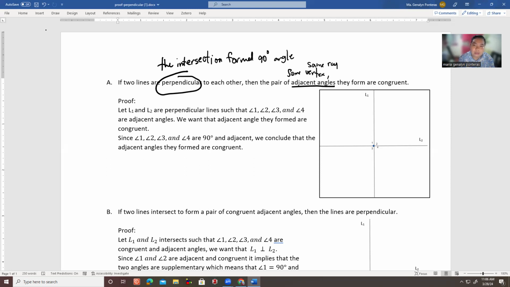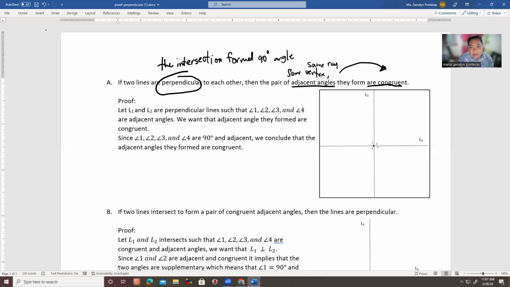They have one same ray. So if these angles are adjacent, the condition is they must be congruent. If angle A and angle B are adjacent and angle A is 35 degrees, angle B must be 35 degrees as well.